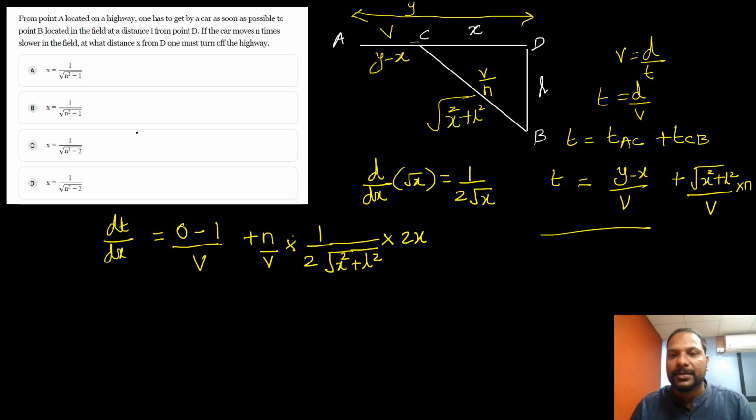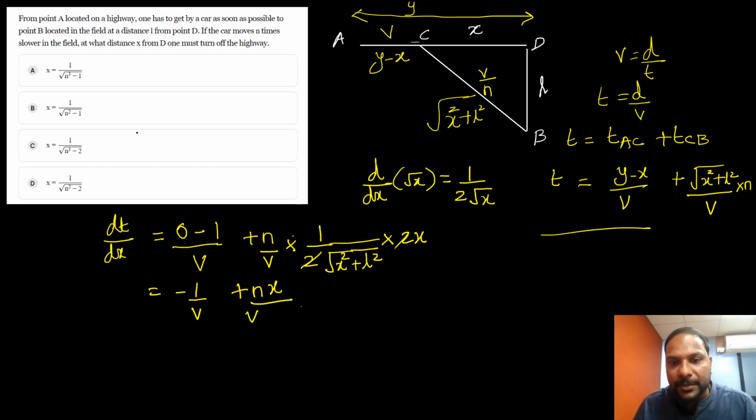My differentiation is for root x, that's 1 by 2 root x, but here instead of x you have x square plus l square, that is why I go for the differentiation of x square, which is 2x. So my 2 and 2 will get cancelled out.